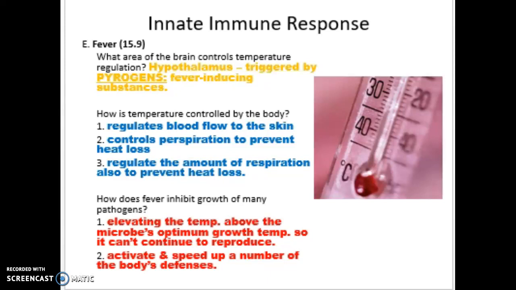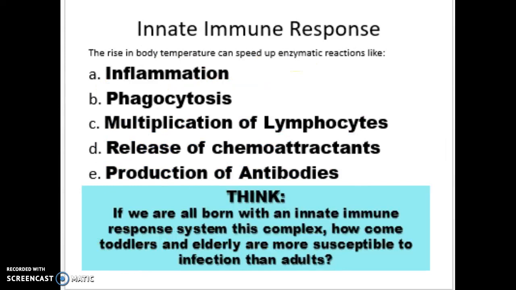So how does fever actually inhibit the growth of many pathogens? Well, number one, it elevates the temperature above the microbe's optimum growth temperature, so it can't continue to reproduce. Two, it activates and speeds up a number of the body's different defenses. It's kind of interesting that fever happens in the body without you having to think about it.